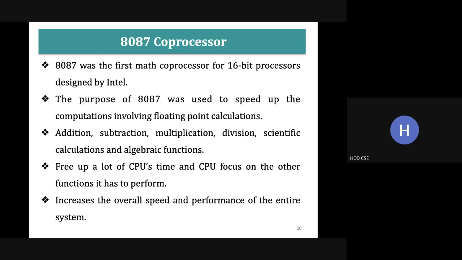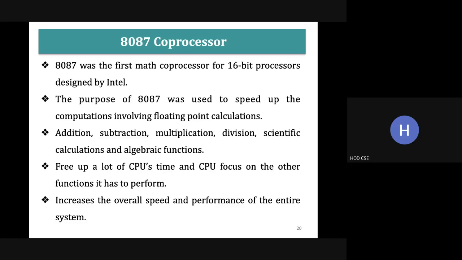You have studied floating point data in DPST, IEEE like that. Floating point data has the mantissa part and the exponent part. Hope you remember that. Then you can do addition, subtraction, multiplication, division, scientific calculation, and algebraic functions. All these operations can be performed by this 87 processor.